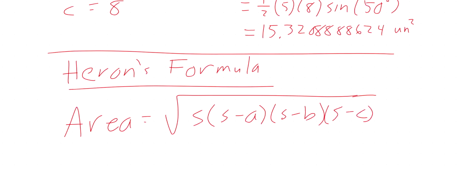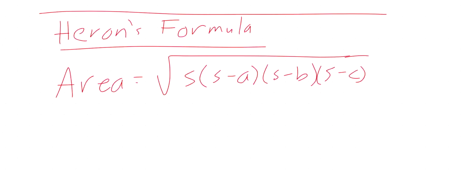So since we're using a, b, and c, this is going to be a side-side-side situation. Of course, what is this s value that we're given? The s is a plus b plus c all divided by 2. Since a plus b plus c is the perimeter, the distance around the outside of the triangle, when we divide it by 2, it's the semi-perimeter. So that's why we use s.